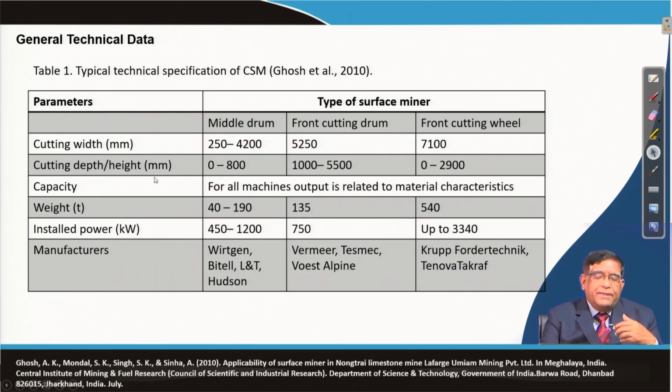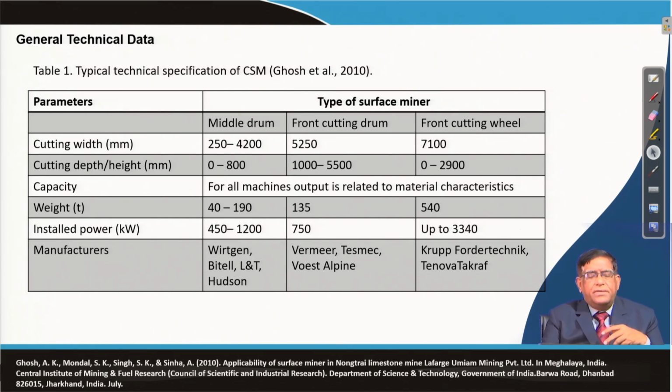Now, the cutting depth: in a middle drum the teeth will be cutting a thickness of 800 millimeter, whereas the front cutting drum has a capacity of very thick cutting. The capacity will depend on the rock type and also the machine configuration.